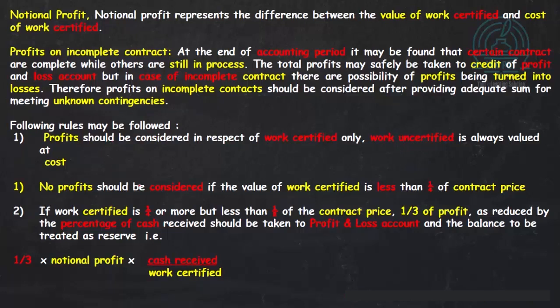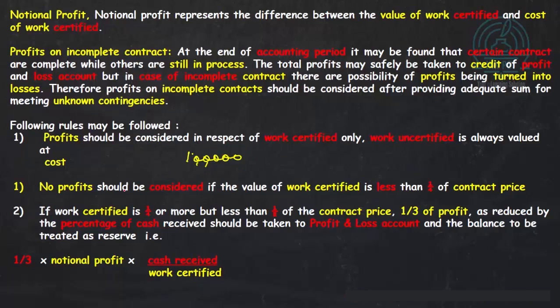So next is, no profit should be considered if the value of work certified is less than 1/4 of the contract price. Now, let's say the contract price is 10 lakh, right? No profit should be considered if the value of work certified is less than 1/4 of the contract price.